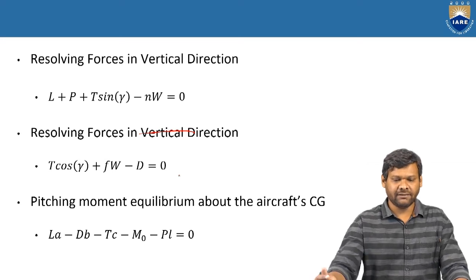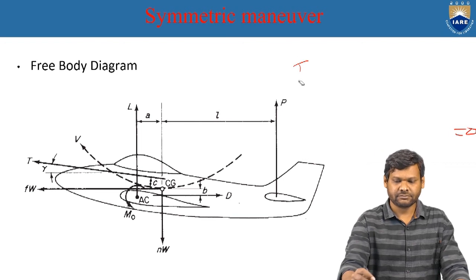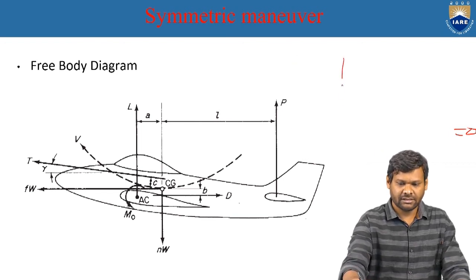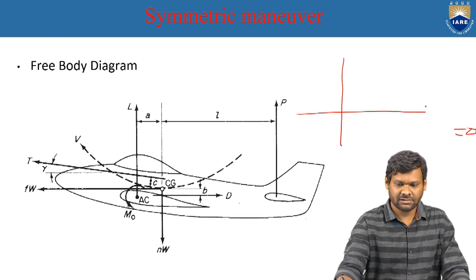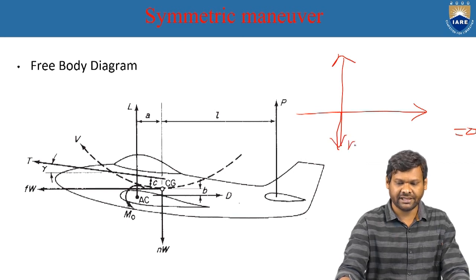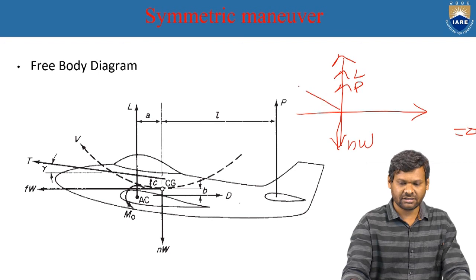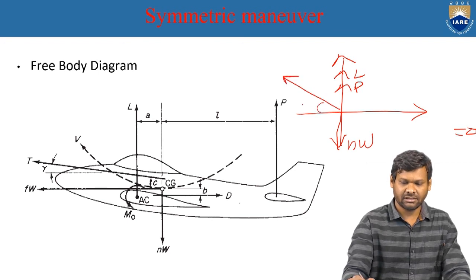Now, look into the forces which are acting in the vertical direction. In the vertical direction, we have a force NW, and we have a force L and force P, and we have the thrust T at an angle alpha.